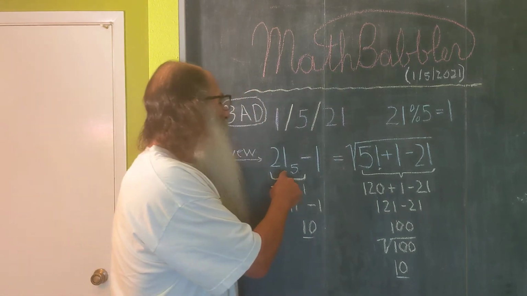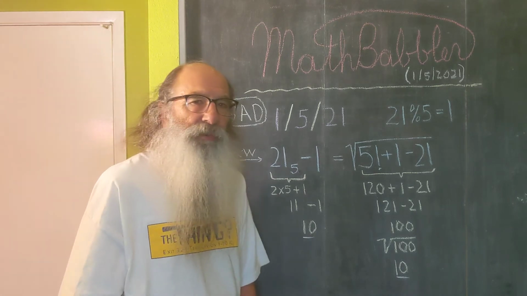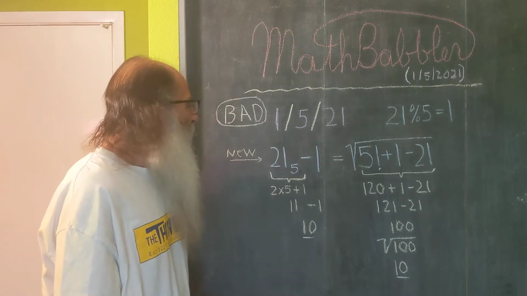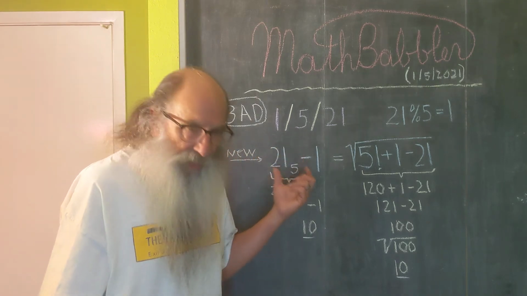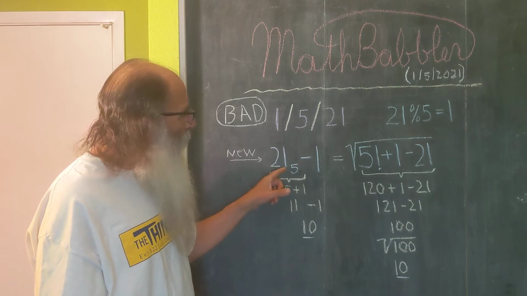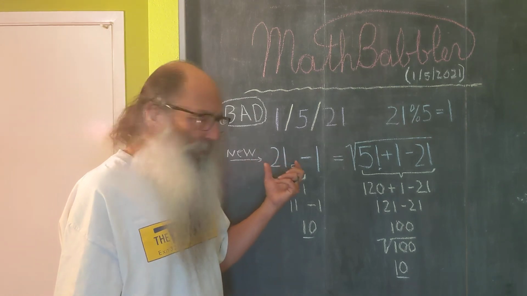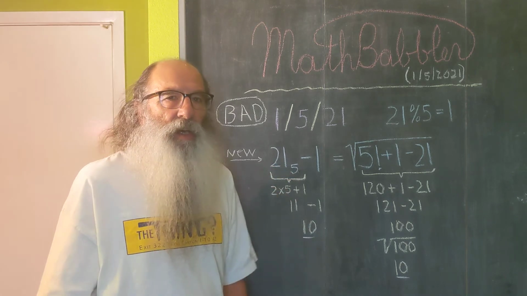Over here on the left-hand side, we're switching to the base 5 number system. When we write a number, it defaults to base 10. 21, we have 2 units of 10 and then 1, 1, and that's how we get 21. Well, we can switch 21 to base 5.